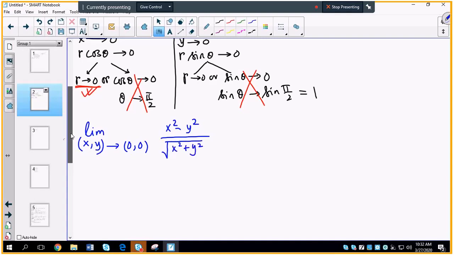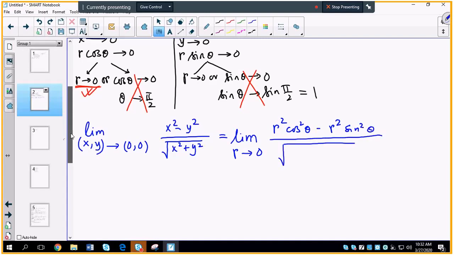So replace x by r cosine theta, y by r sine theta, of course, and for the limiting value, you say the limit as r goes to 0. x squared is r squared cosine squared theta. y squared is r squared sine squared theta. And that is sitting over the square root of r squared cosine squared theta plus r squared sine squared theta.